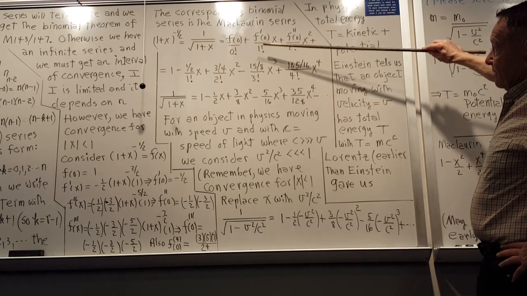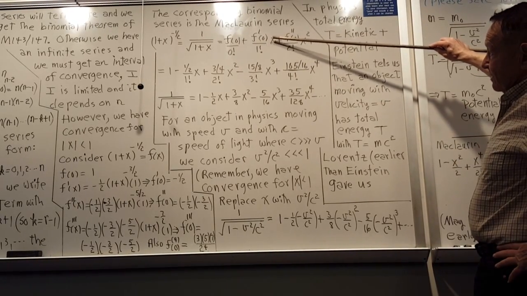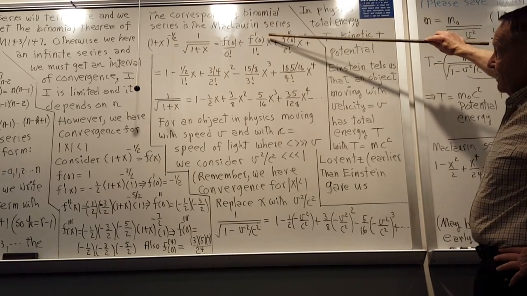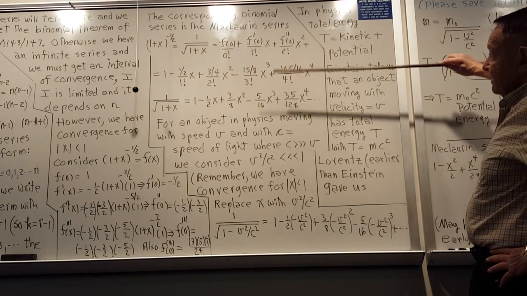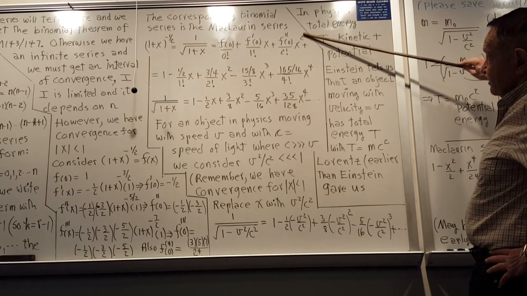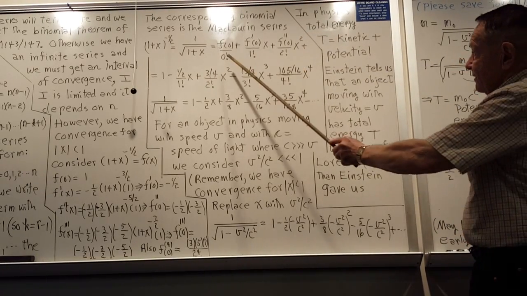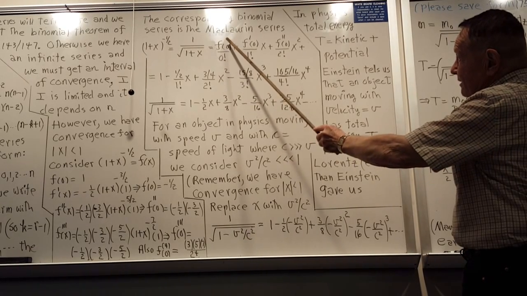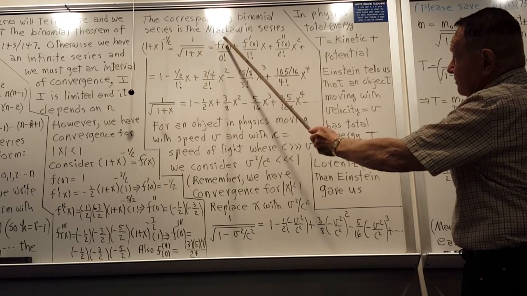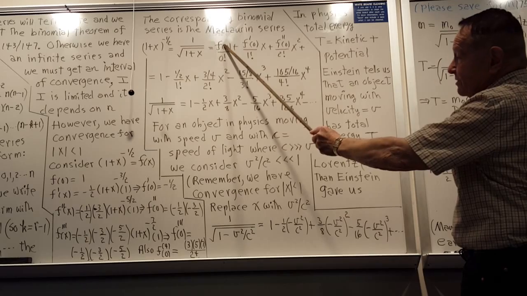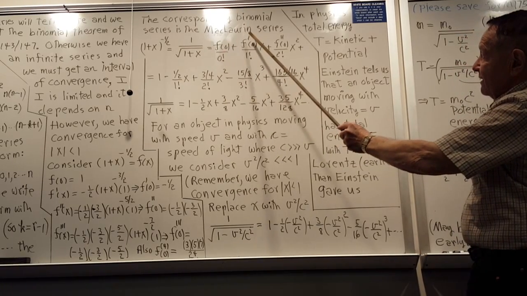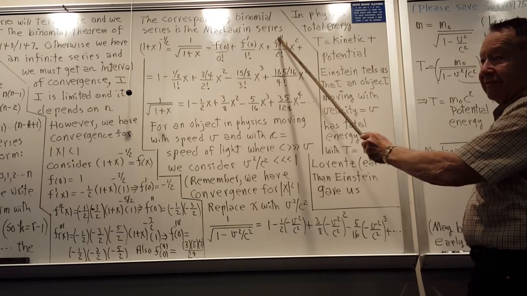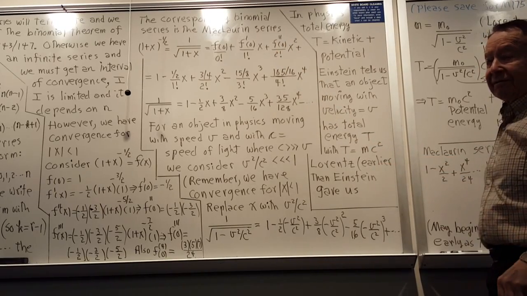Part of the series is first term times x to the 0, next term times x to the 1, next term times x squared, and the coefficients are the function at 0 over 0 factorial, the derivative at 0 over 1 factorial, the second derivative at 0 over 2 factorial.